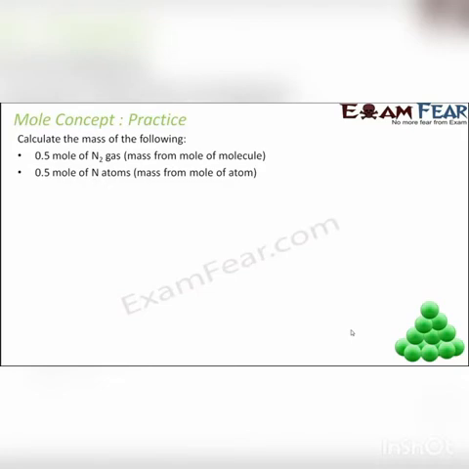Let's take some more. So we have to find the mass of 0.5 mole of nitrogen gas, 0.5 mole of nitrogen atom, and these many numbers of atoms. So we have to find mass. Please note in all these cases you have to find the mass. Okay.